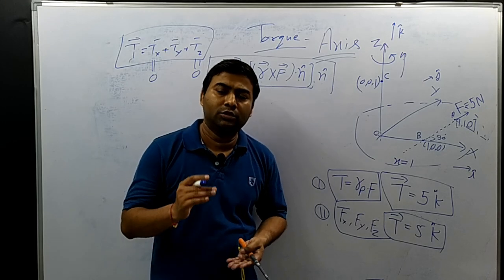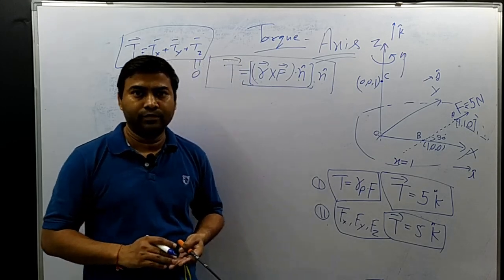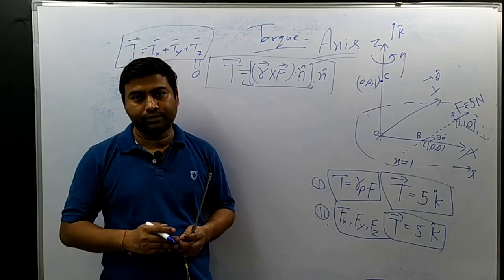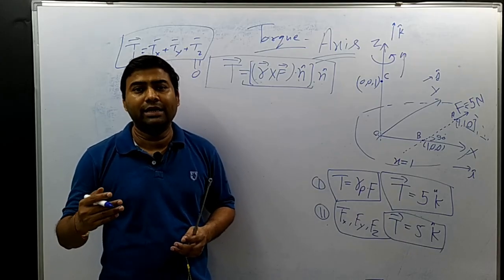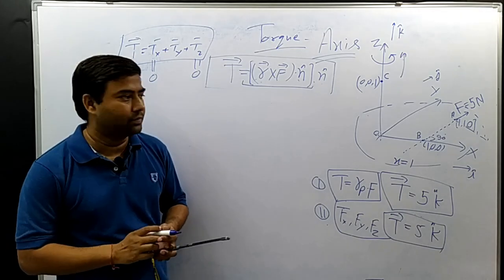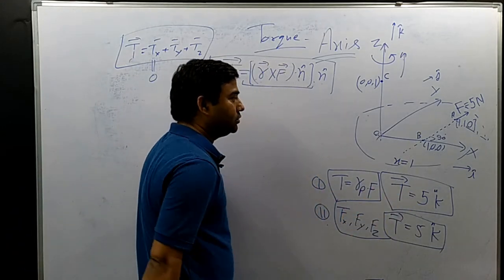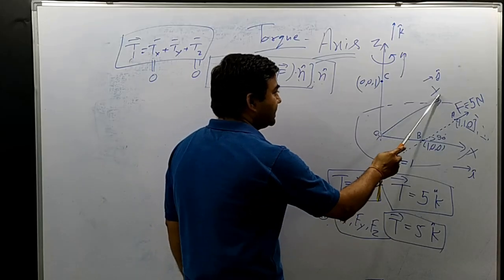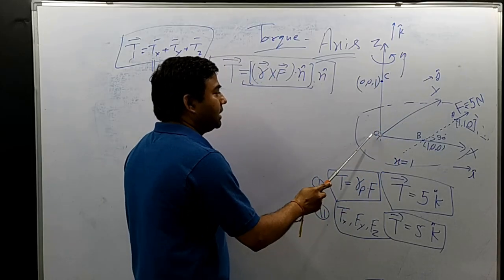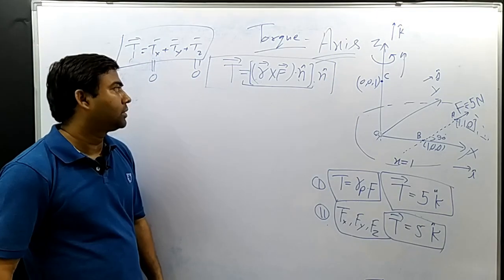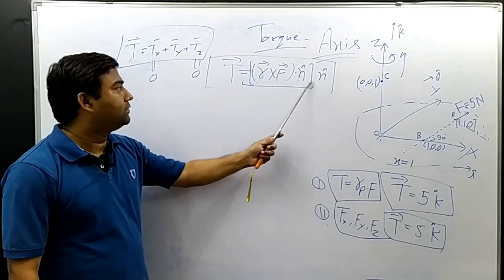Now we will find the torque by the third method, which is with the help of IJK, the right-handed unit vector system. So assume along the x-axis the unit vector is I, along the y-axis the unit vector is J, along the z-axis the unit vector is K. Now this is the basic formula.